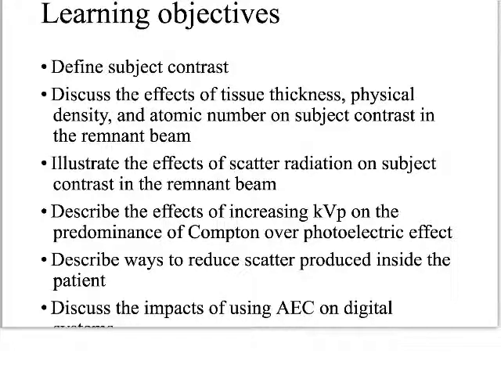We'll talk about reducing scatter production, and also about ways to clean up scatter once it's happened. And finally we'll talk about automatic exposure controls, which are used by both X-ray and radiation therapy for the control of technique.